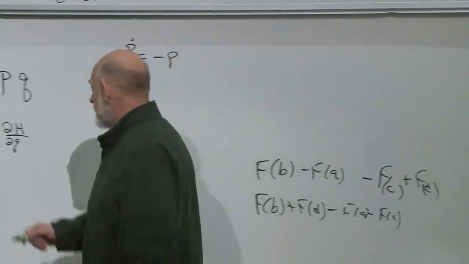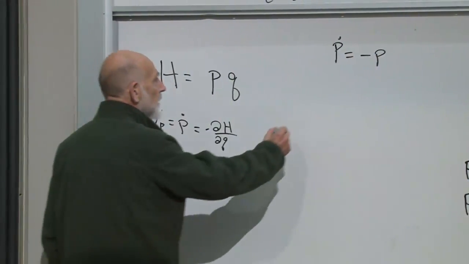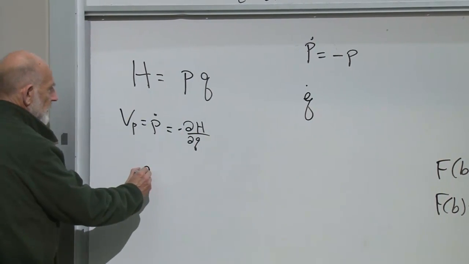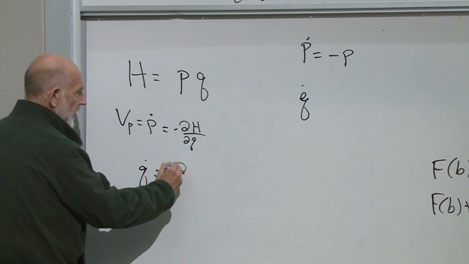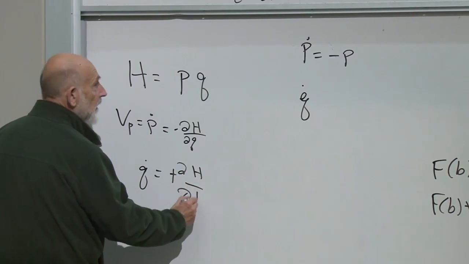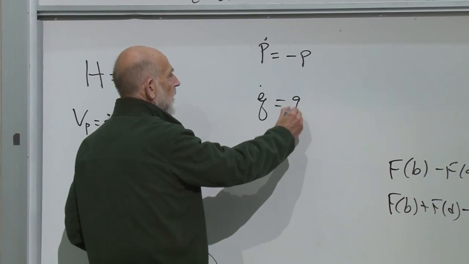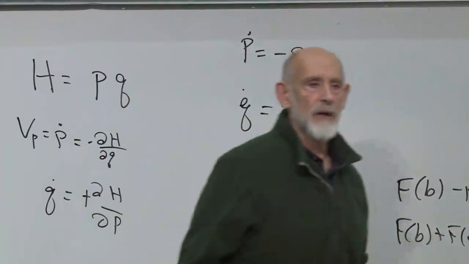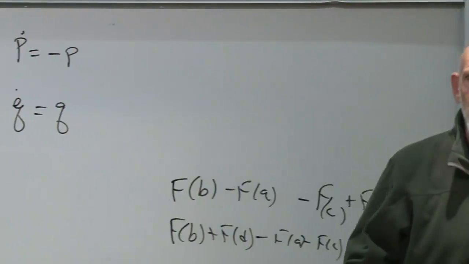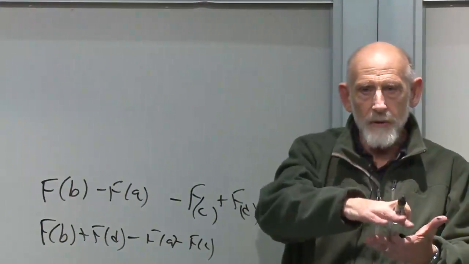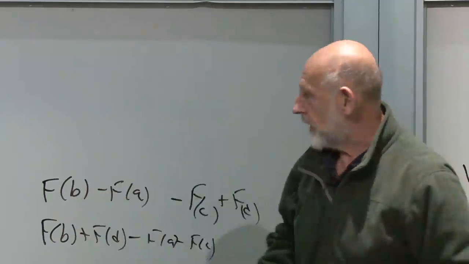What about q dot? Q dot is equal to plus dH by dp. And what's that equal to? That's equal to q. So what happens to the q motion of the fluid? It exponentially expands. So it's contracting in one direction and expanding in the other direction.